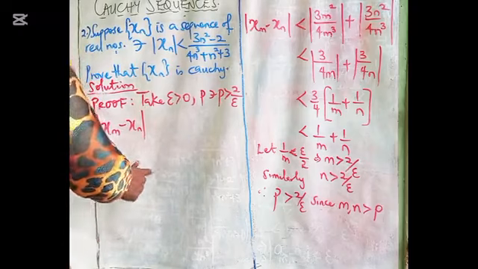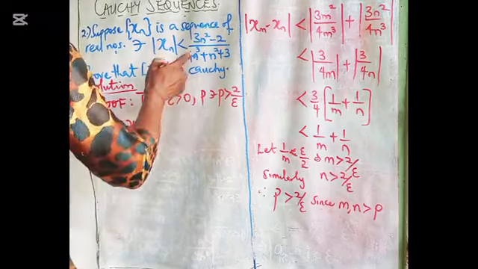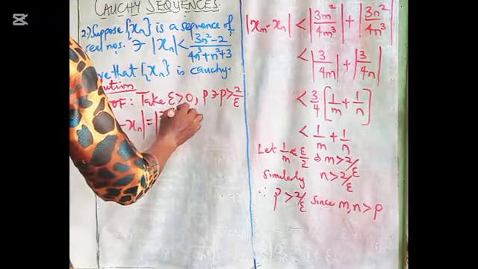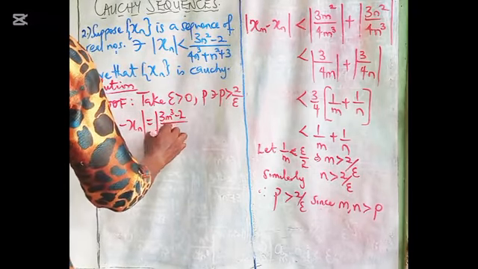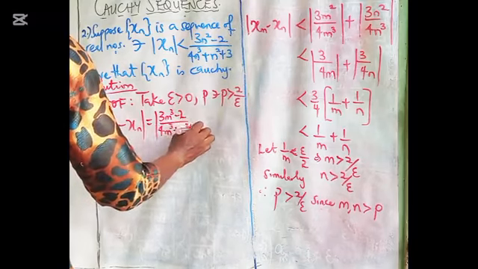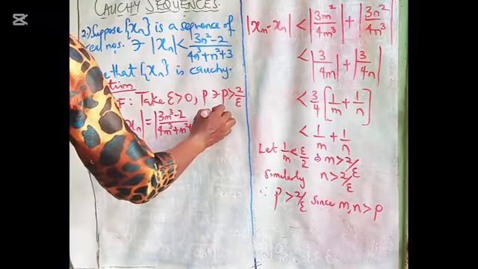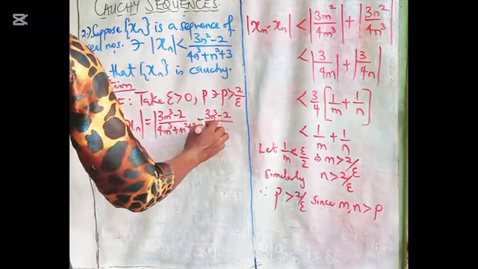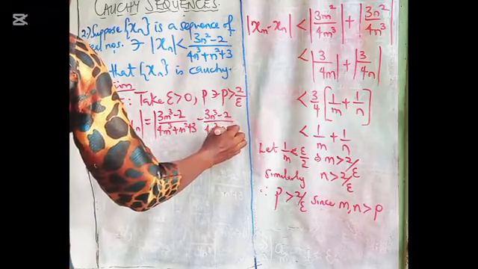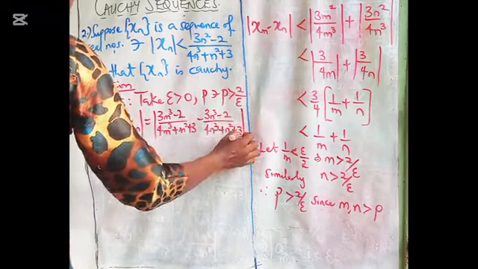So as we did before, this is equal to 3m squared minus 2 over 4m cubed plus m squared plus 3 minus 3n squared minus 2 over 4n cubed plus n squared plus 3.